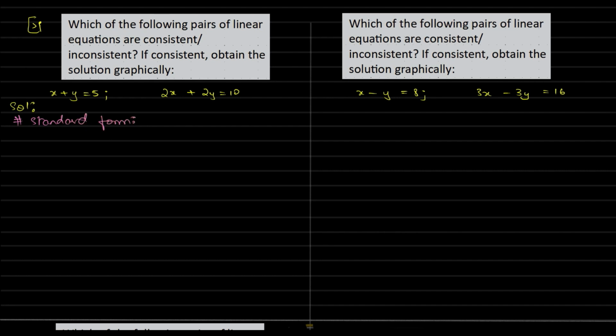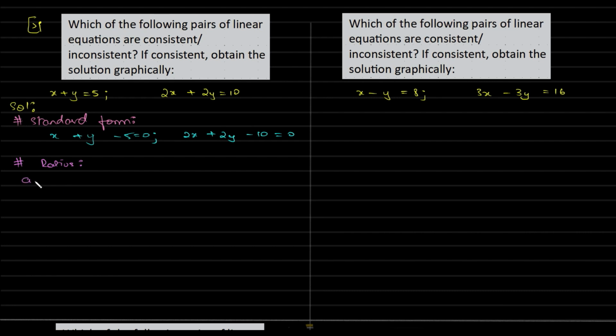So we are looking at x plus y minus 5 is equal to 0, 2x plus 2y minus 10 being equal to 0. So the very next thing we have to do is compare it with ax plus by plus c and write the ratios, right?